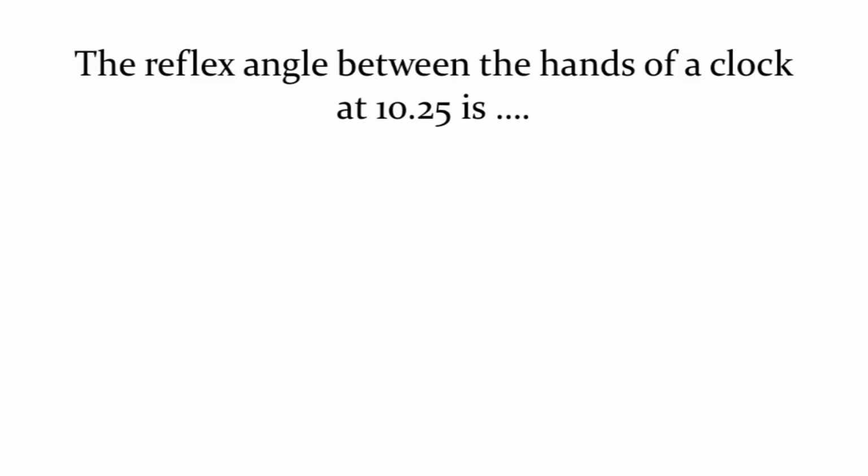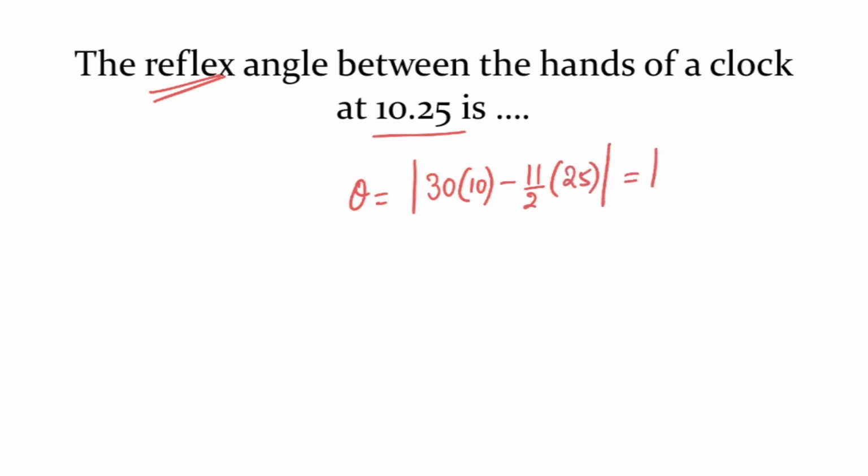The reflex angle between the hands of a clock at 10:25 is. The angle between the hands is required, but there is an extra word, reflex. I'll explain it later, but before that, find the angle in between. Theta is equal to mod of 30h, 30 into 10, minus 11 by 2 into minutes, 25 minutes. 30 into 10 is 300, minus 25 into 11, 275, divided by 2.